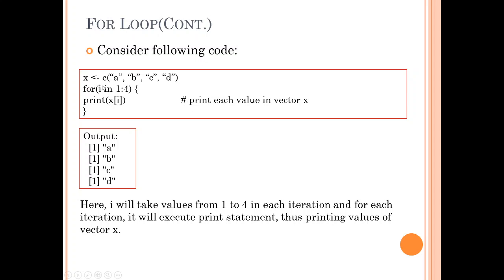Whichever will be the value of I, that index character will be displayed. So initially I will have value 1, so x of 1 is a, then I will increase to 2, and we will get b, and likewise.